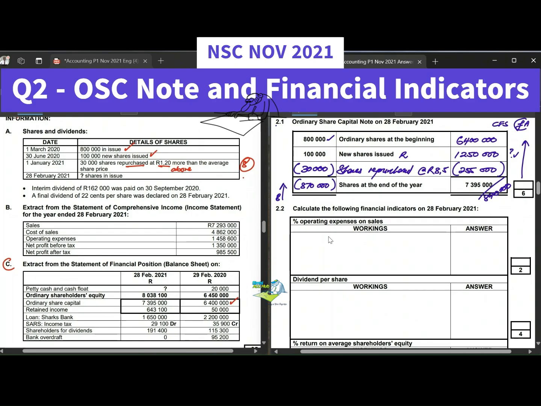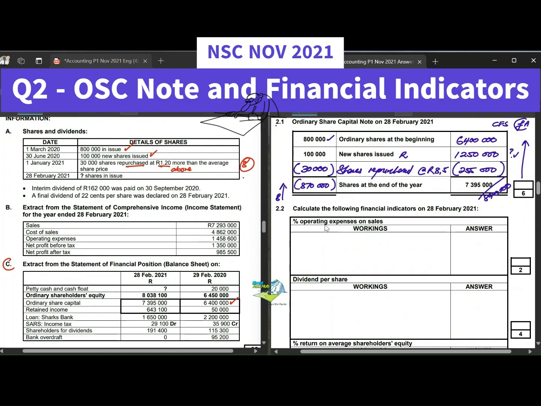Now, the next item that we are going to calculate is financial indicators. Very important, very key, that you know your formulas. Know your formulas at your fingertips. Even though you can use the formula sheet, do not over-rely on it. Know where to find your formulas, but know your formulas by heart.